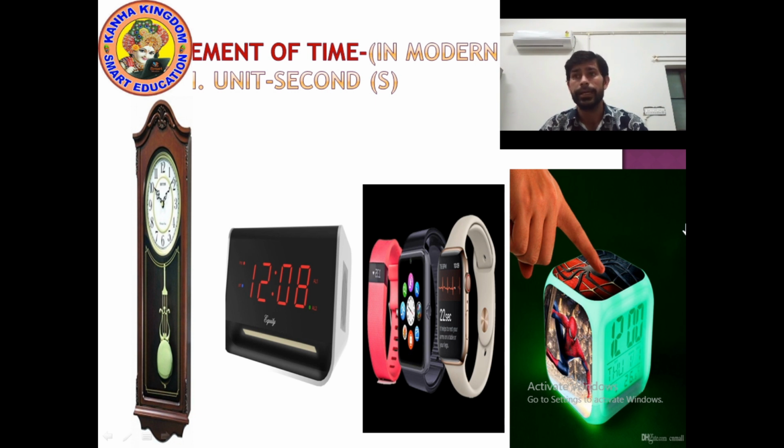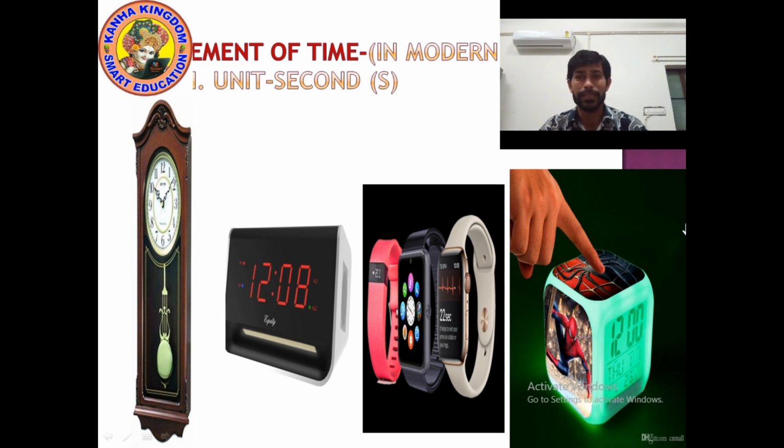Yes, right now we use smartwatches. A smartwatch can do many kinds of work. It is actually like a smart mobile, just like a mobile. You can make a phone call, send a message, listen to music. You can do whatever you want.